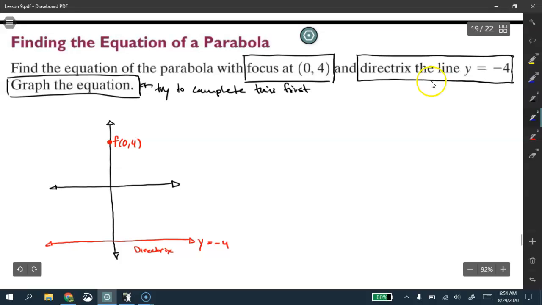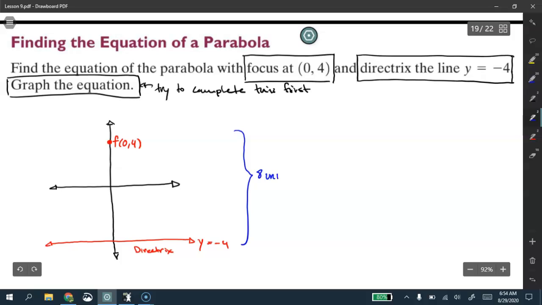Notice that you don't know where the vertex is, right? You don't know where it is, but you know that the distance between the focus and the directrix is twice the distance between the focus and the vertex, or the vertex and the directrix, right? If you want something a little more mathematical, from the focus all the way to the directrix is 8 units.